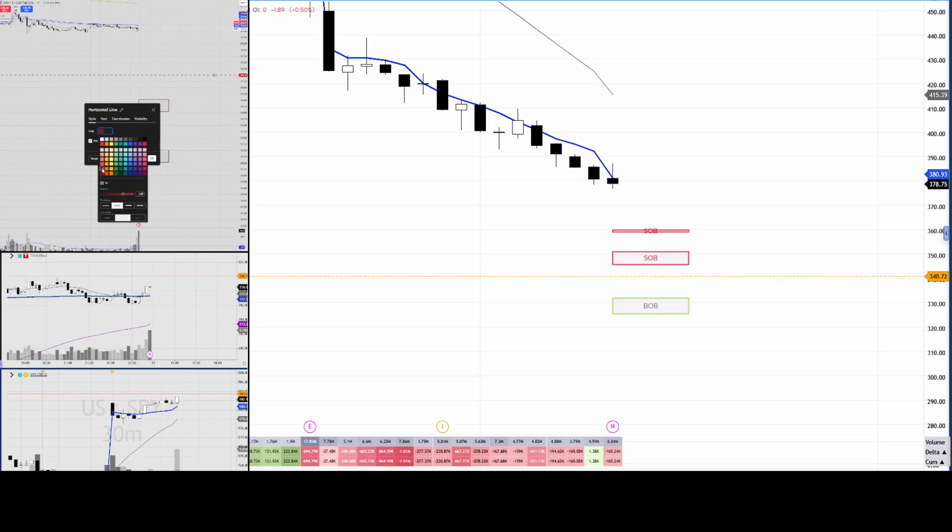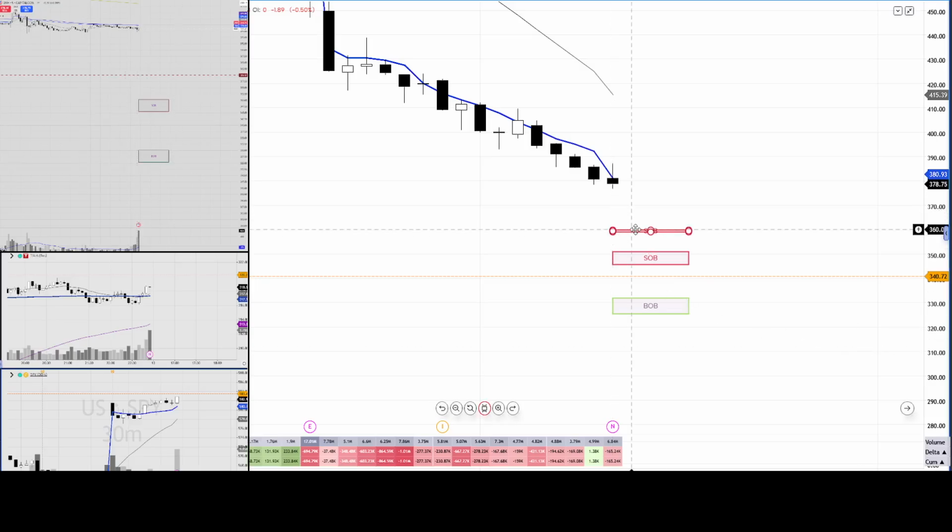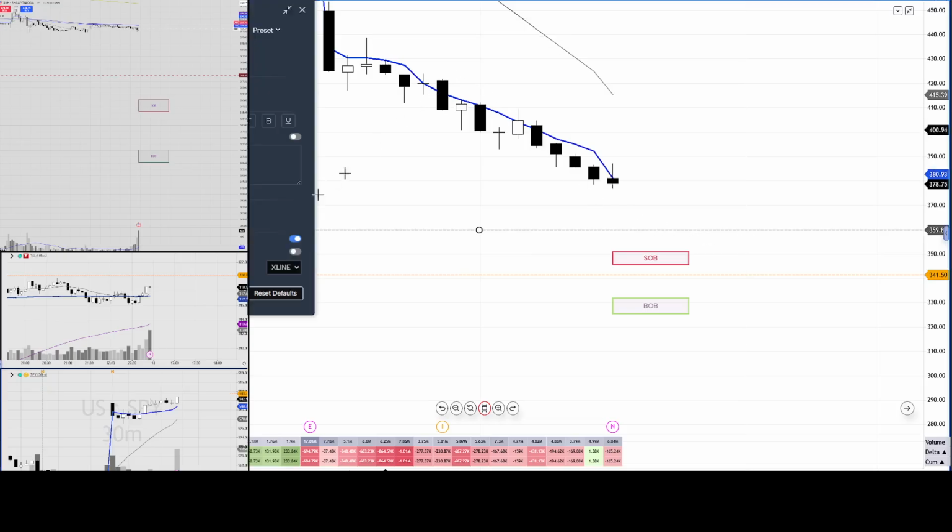Let's go with red. Actually, let me do the same here. Instead of Alt X, Alt X. Let me make this big and red. Line thickness slightly thicker. Line color red.